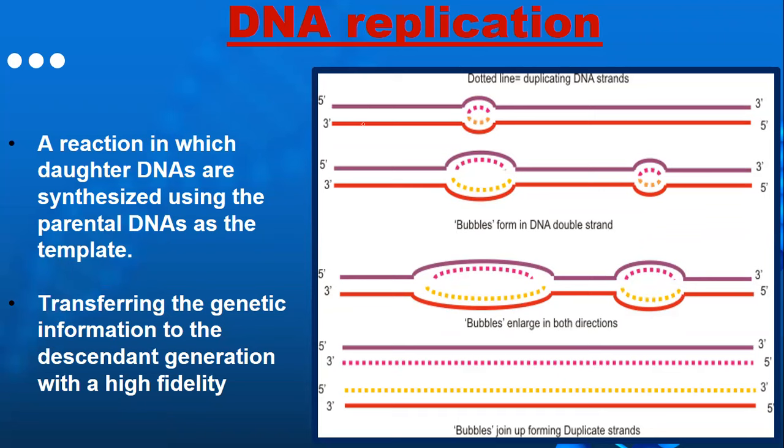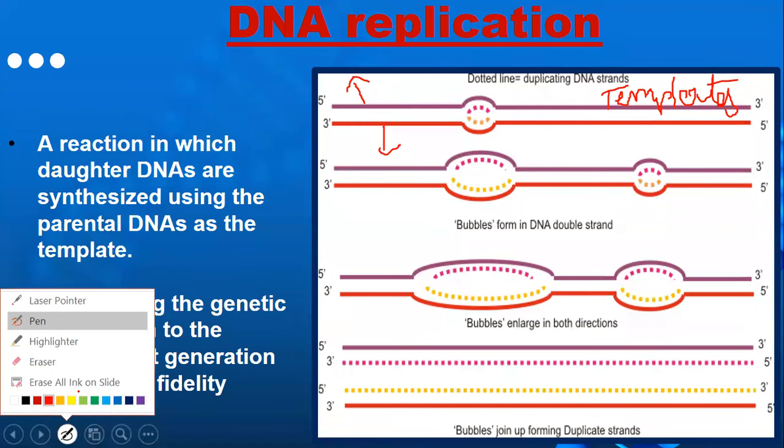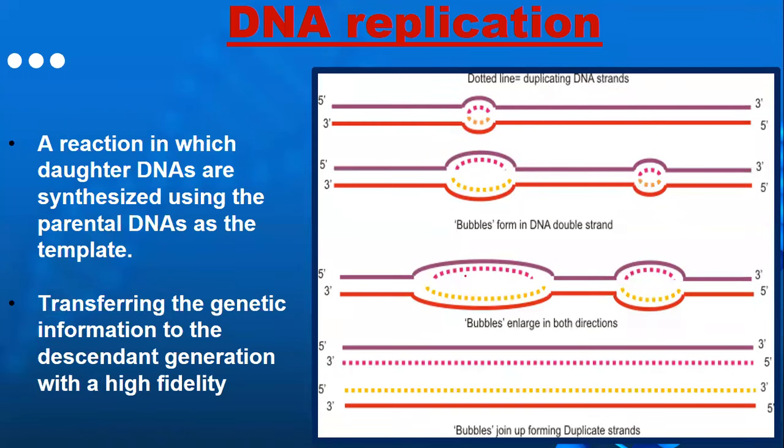Whenever the duplication is happening, whenever the cloning is happening, look into the picture. The two parent strands are getting separated. You can see here, this is one parent strand, this is another parent strand. My friends, when the parent strands are separated, they act like templates. Template means it will help the other strand to get synthesized. Once they act as a template, you can see here, there is a synthesis of the daughter strand.